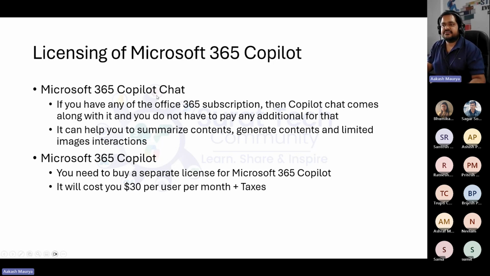Then there is Microsoft 365 Copilot, the costly version, because they are charging $30 plus taxes per user per month. So you will be paying between 3,000 and 3,100 rupees per user per month if you buy the Copilot license.